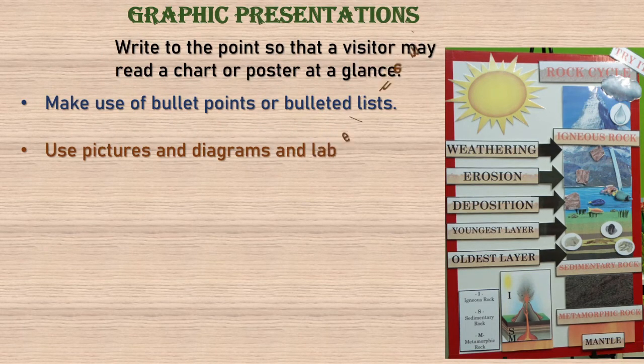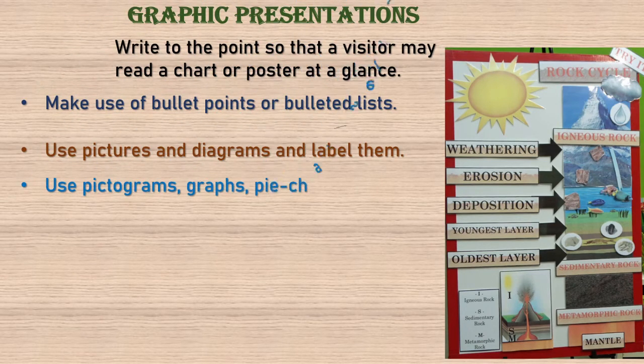Use pictures and diagrams and label them. You got the meaning of this? You have to use the pictures and diagrams and you have to label them. Use pictograms, graphs, pie charts, etc. to show numerical data.